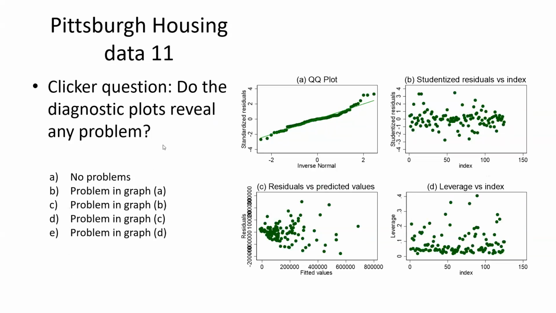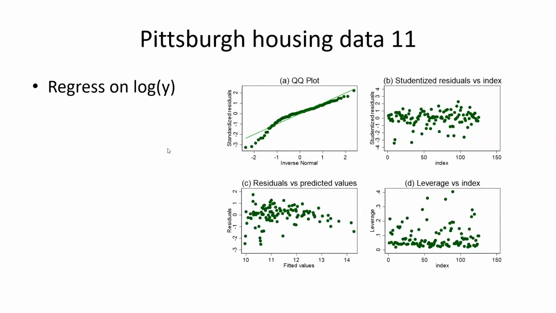For this particular data, I give you the diagnostic plots of the original regression and then the log transformed price diagnostic plots. And you see on this one, on the constant variance plot, we see actually an inverse funnel plot. The variance is decreasing.